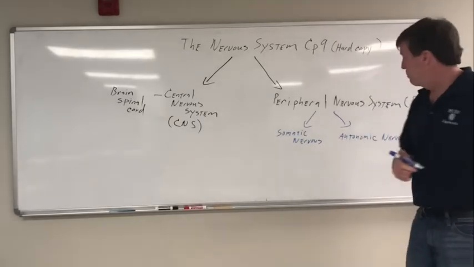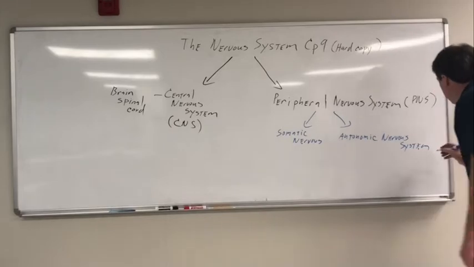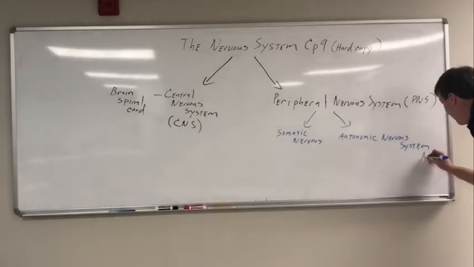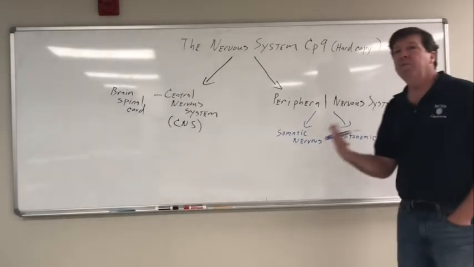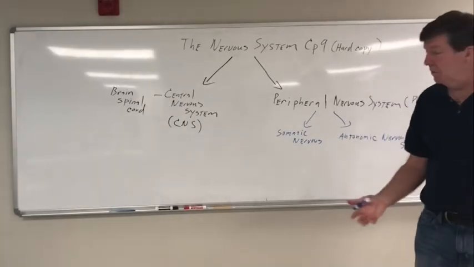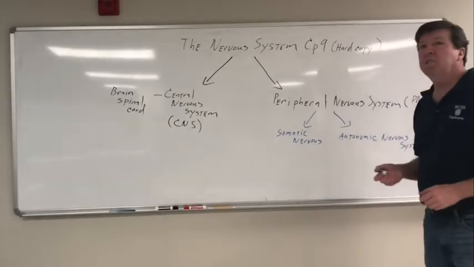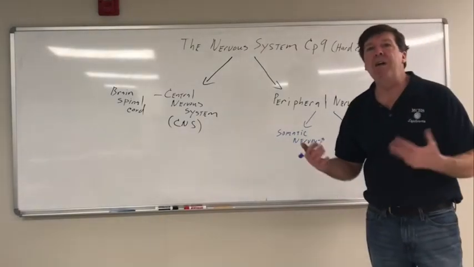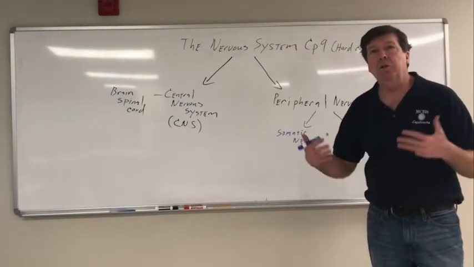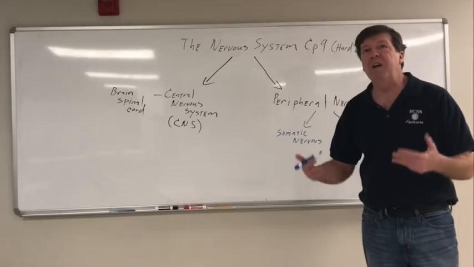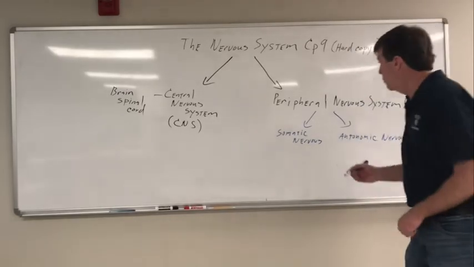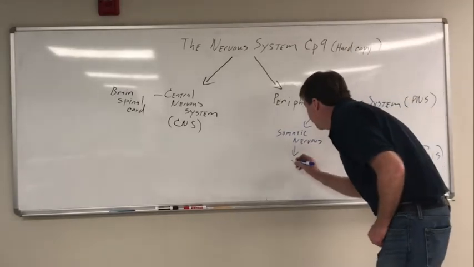So we'll abbreviate the autonomic nervous system, the ANS. Well, what's the difference between the somatic and the autonomic nervous system? The somatic nervous system has to do with voluntary skeletal muscle movement. So this is voluntary skeletal muscle movement. So this has to do with our voluntary.